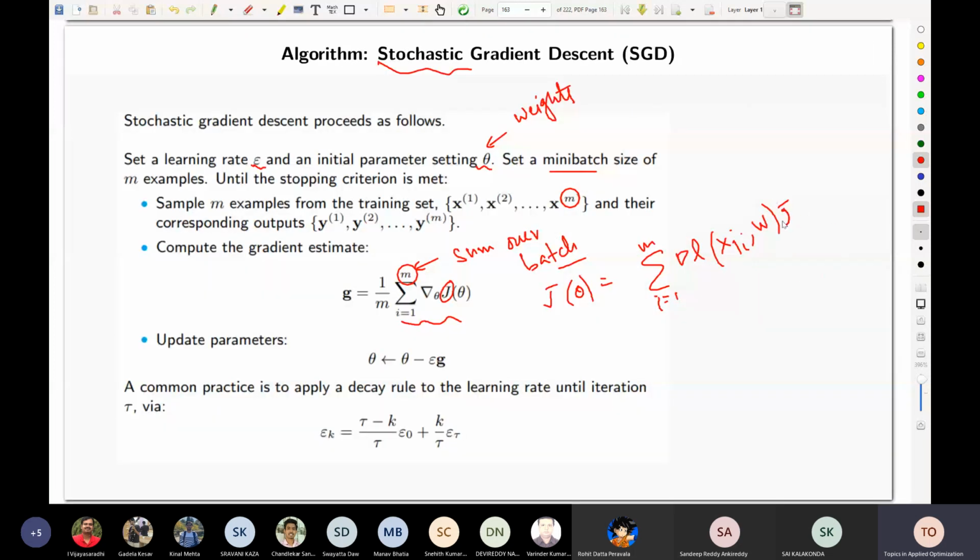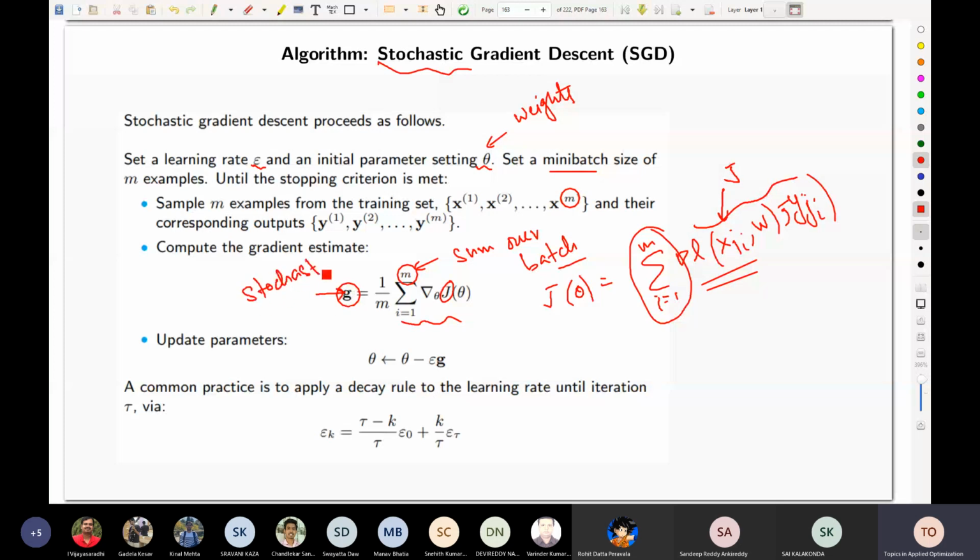Comma y_i, J_i. These things are hidden here, like I explained previously. So this outer thing is fine, but the J that is written here is for this guy.